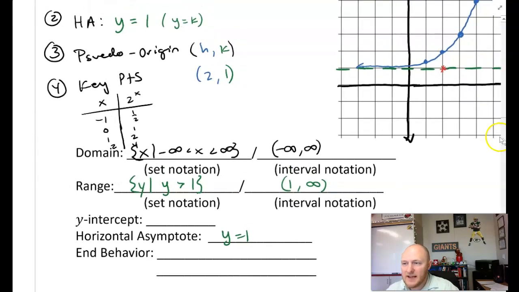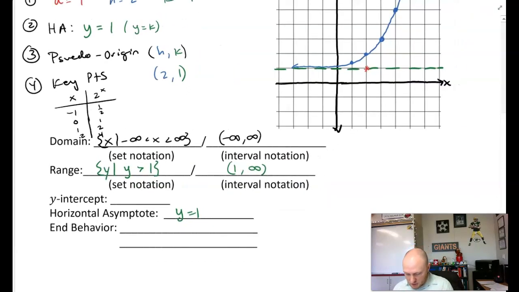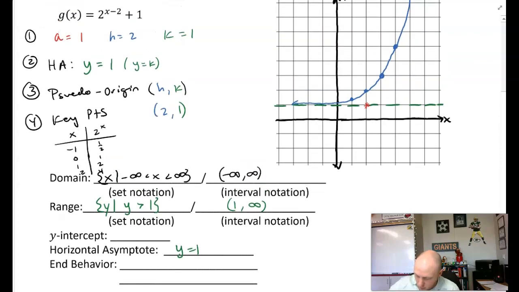Now my y-intercept, that's going to be right here. I don't want to approximate this. This I want to be extremely accurate with, but notice that for the y-intercept, my x value is 0. So in order to determine what that y-intercept is, I'm just going to go ahead and evaluate my function g of 0. I'm going to plug in 0.